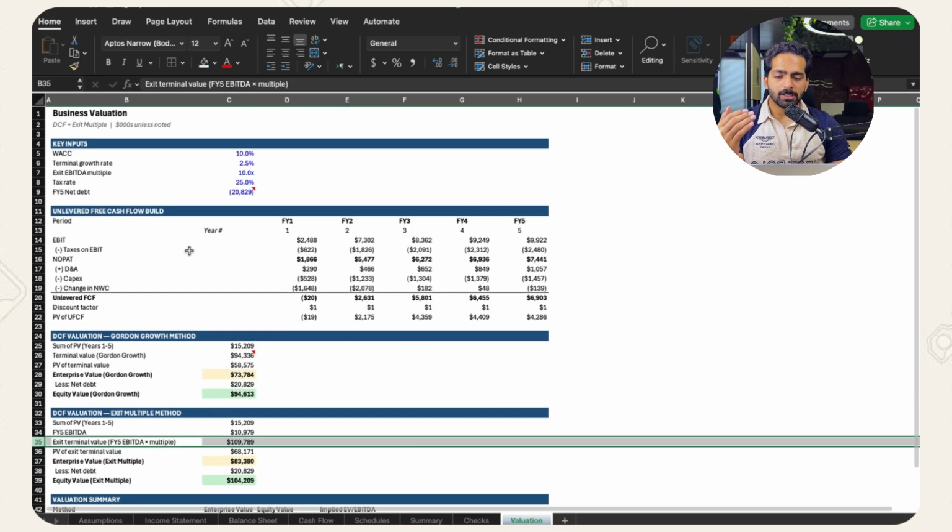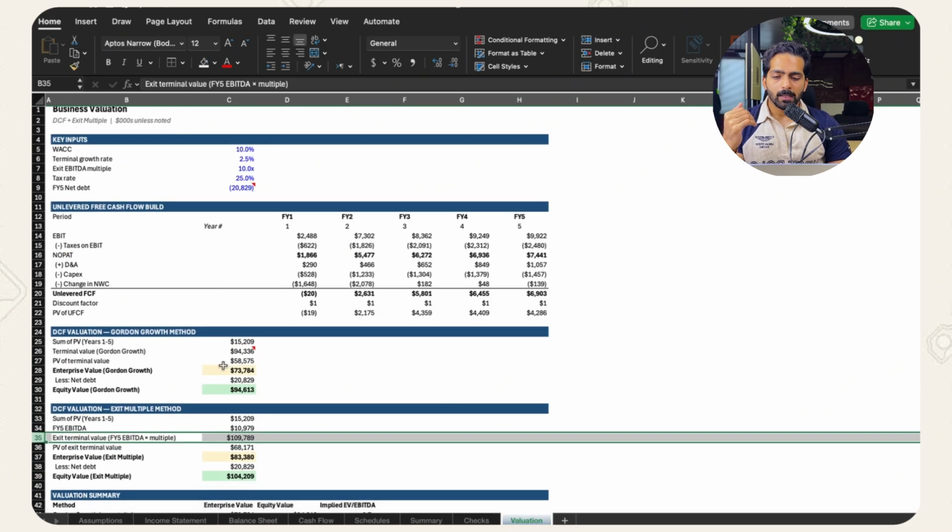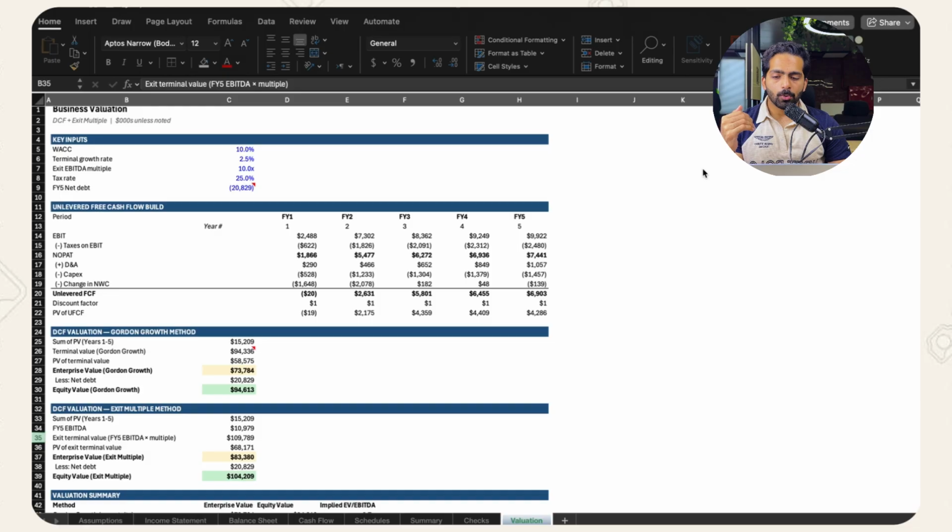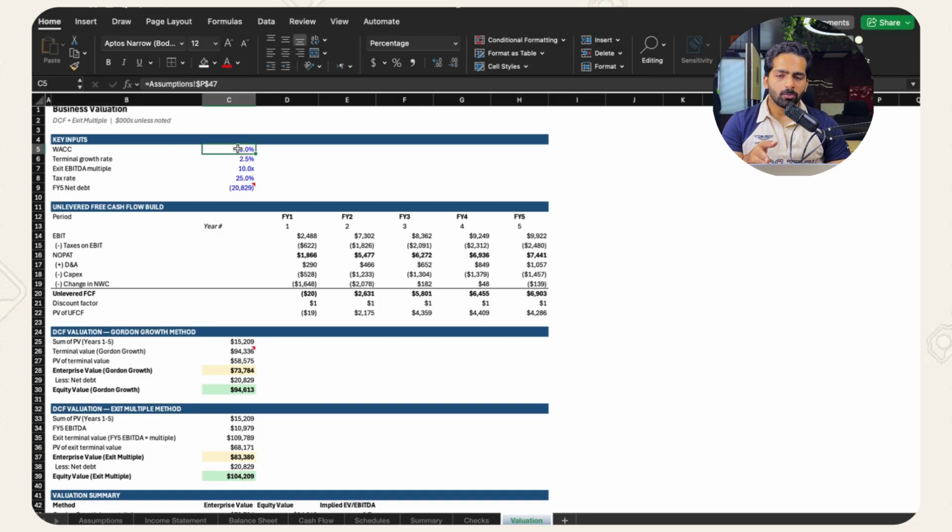So let's first start with our assumptions. Our assumptions include WACC. This is the discount rate that we will use to discount our free cash flows. Free cash flow, what is it? It starts with your EBITDA, which is earnings before interest, tax, depreciation, and amortization, adding back depreciation and deducting capex and change in net working capital.